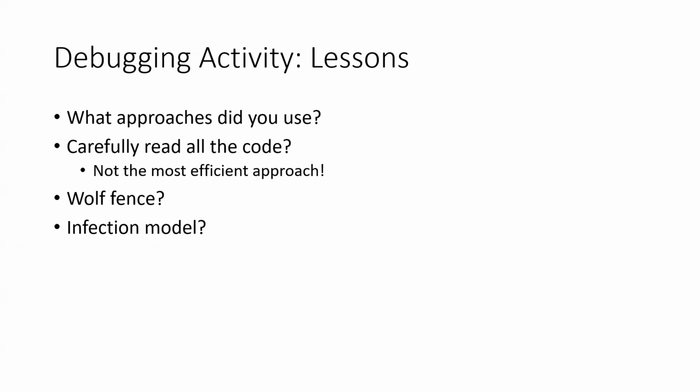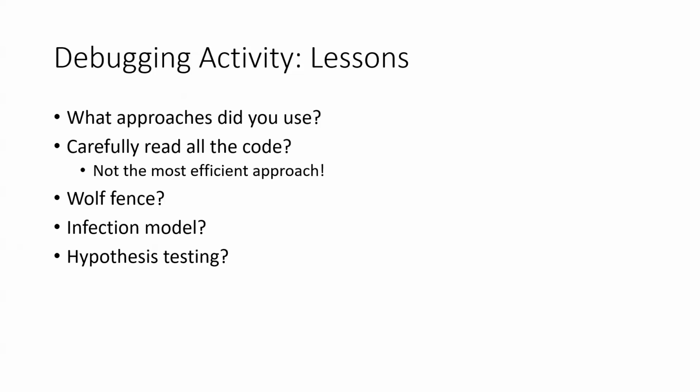Remember, the infection model is how, because your program is causal, one error in your code will get infected into later states until it becomes visible. And we all should have used hypothesis testing.